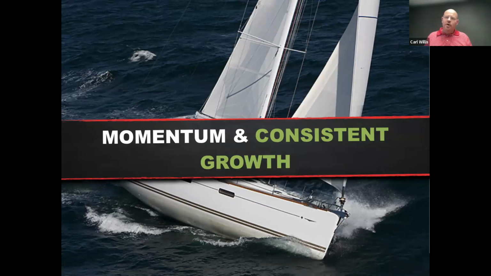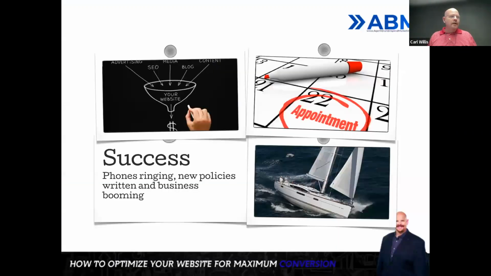And so the thing we don't want to have is start, stop, start, stop, start, stop. We want to be able to maintain momentum throughout the year, and we want to be growing consistently year over year, quarter over quarter, seeing those numbers continue to increase as we go. And then when you find success, what really happens is your phones start ringing, you're writing new policies, and your business starts booming.